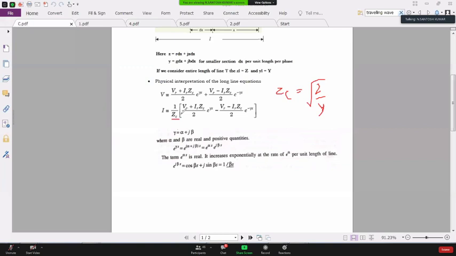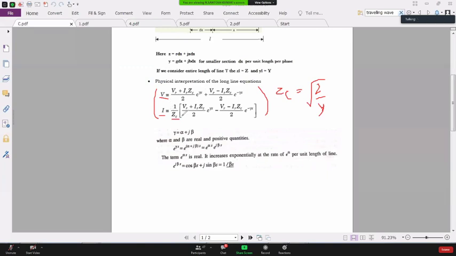Here we are not discussing the derivation. Just by seeing this equation, we'll interpret how they act on the transmission line. Just repeating the points: first, these are the voltages at point X. If you replace X with L, I'll get the total sending end voltage and receiving end voltage.